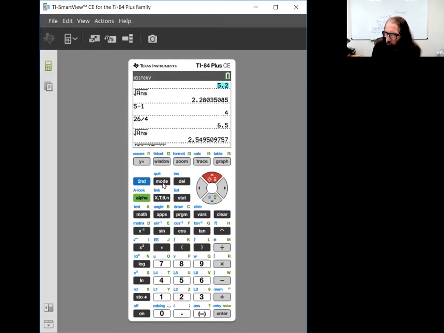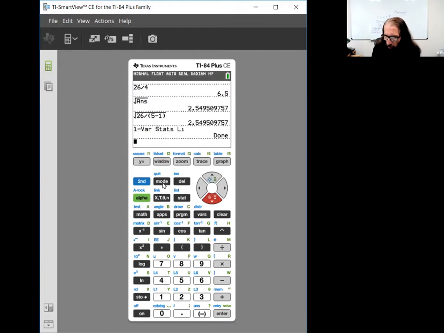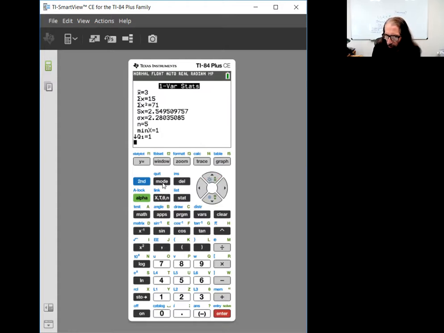Okay, 2.54 something for S, the sample standard deviation, versus 2.28, the population standard deviation, depending on where we got the data from. So those match up.